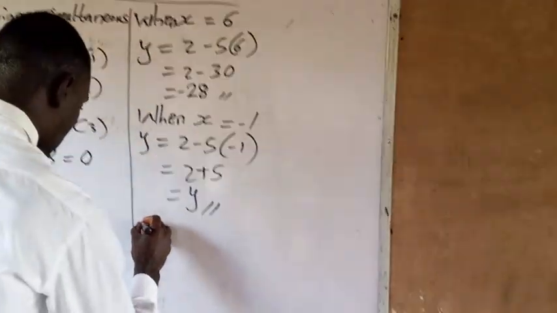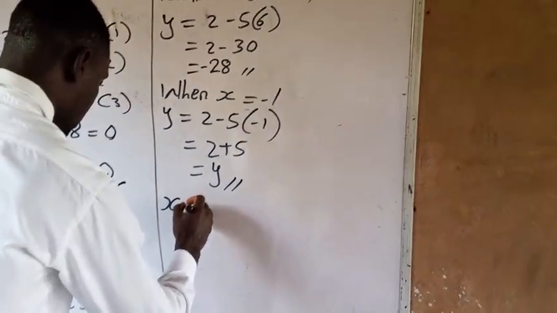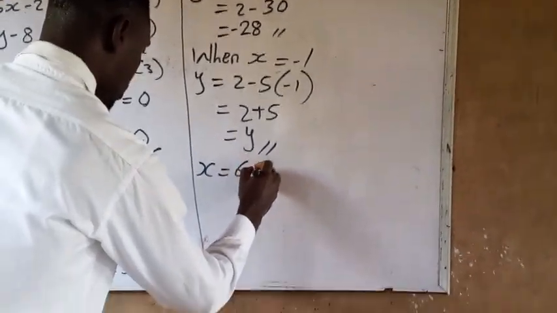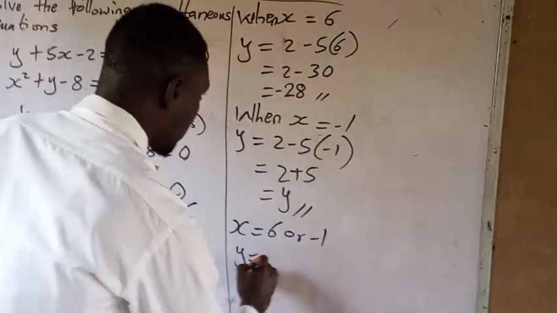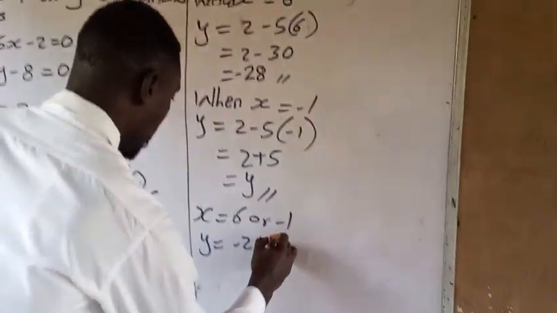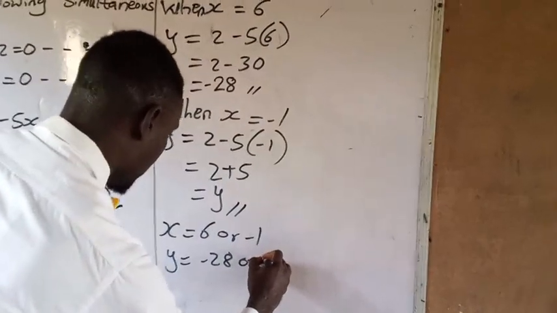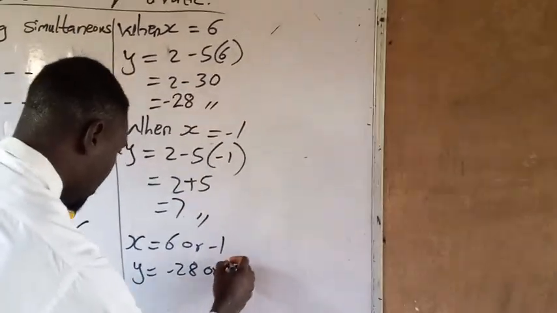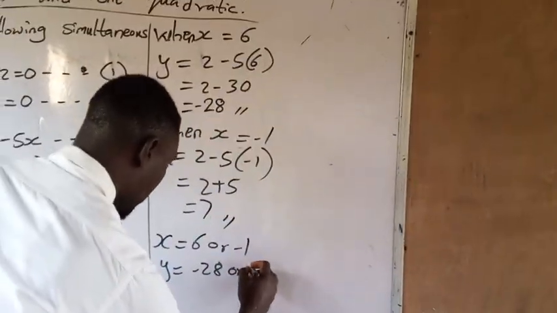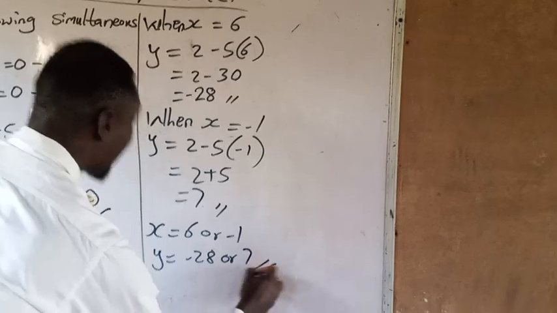So therefore, we have x to be equal to 6 or minus 1, and y as minus 28, or 7 as our final answer.